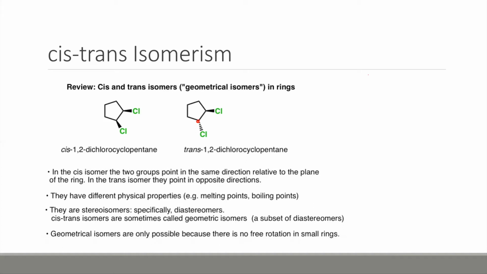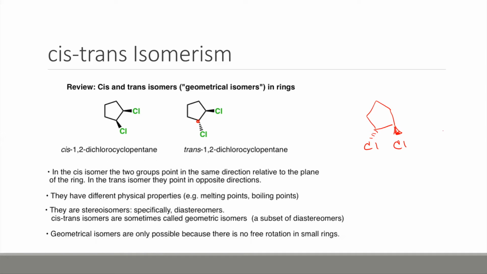Because they are locked into their ring position, you can have, for example, in this ring with two chlorines, both of the chlorines facing up, or one chlorine facing up and one chlorine facing down.